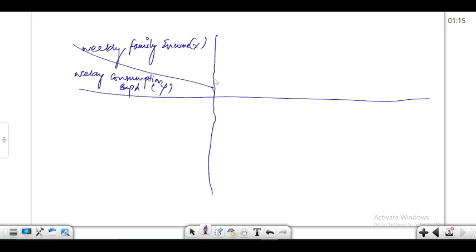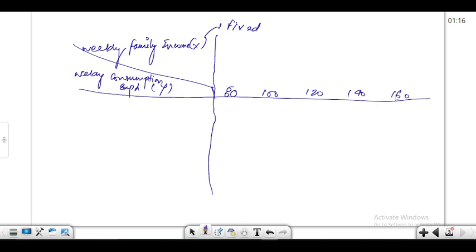This value of x is fixed. So we have fixed, already defined values of x. We have taken some values of x, say suppose $80, $100, $120, $140, and $160.